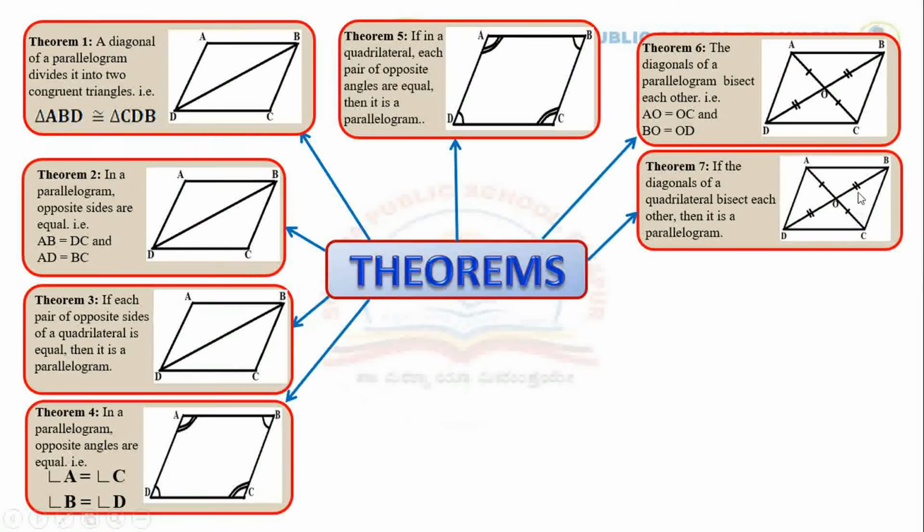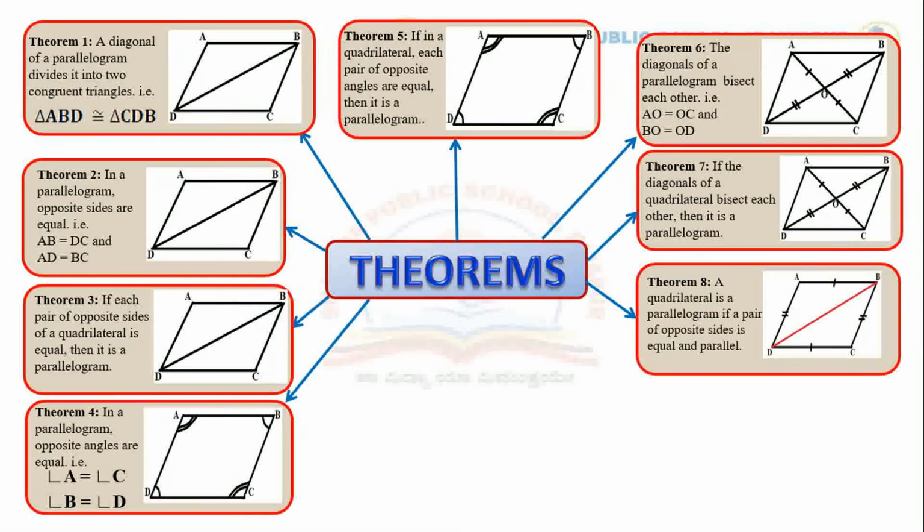AO is equal to OC, OB is equal to OD and angle AOD is equal to angle BOC because these two are vertically opposite angles. Therefore, triangle AOD is congruent to triangle COB. So, AD is equal to BC and since angle A is equal to angle C here, these two are alternate interior angles. So, AD is parallel to BC. Therefore, ABCD becomes a parallelogram.